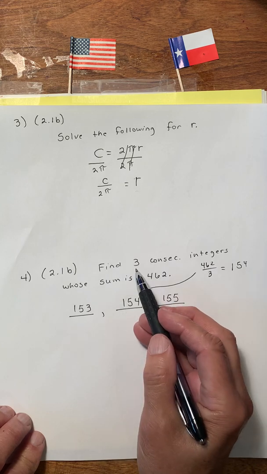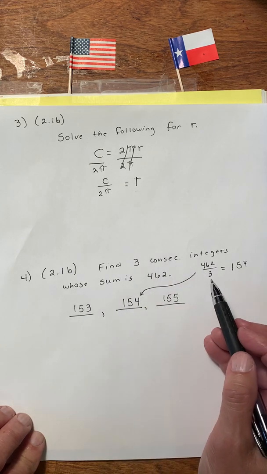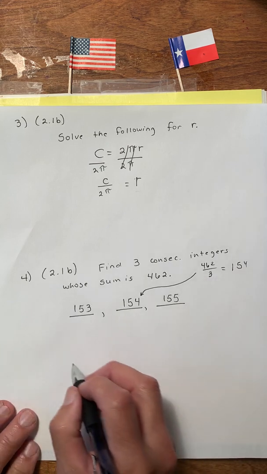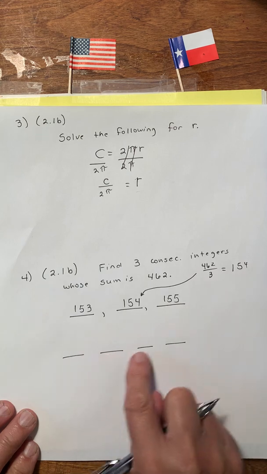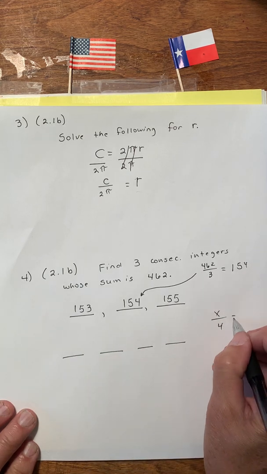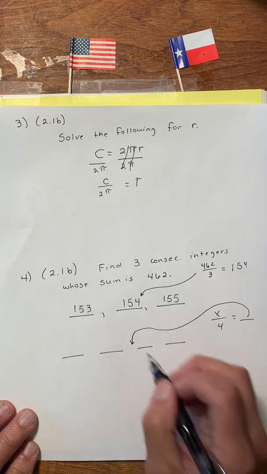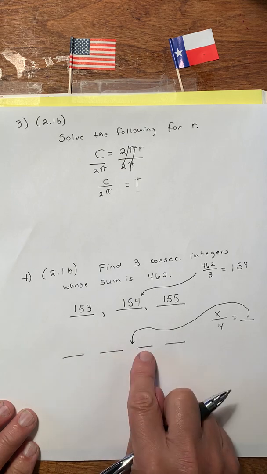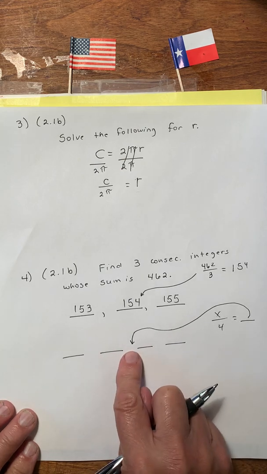Once again, if it's 5 consecutive integers, you're going to divide by 5. Remember this, though. If it's 4 consecutive integers, you're still going to divide that number by 4. And whatever you get here is going to be in between your 2 middle numbers. It's not going to be one of your numbers. It's going to be in between. It's going to be something and a half.